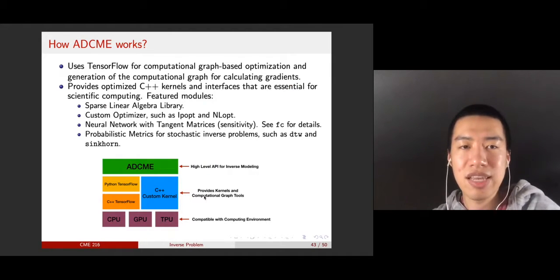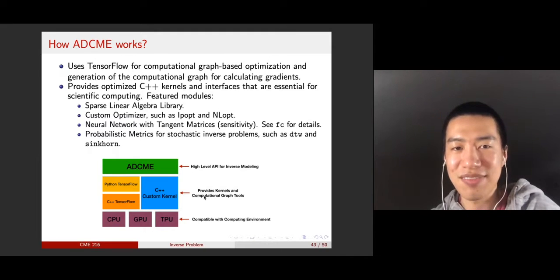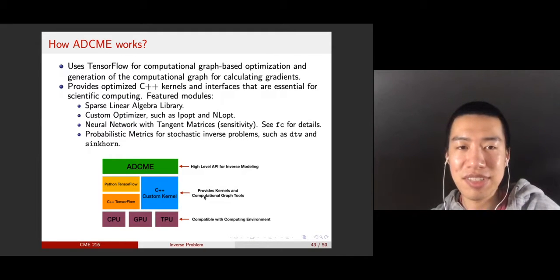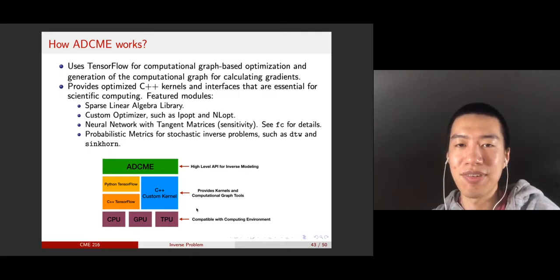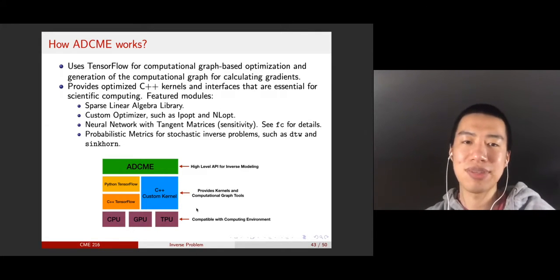So how does ADCME work? ADCME is not merely a thin wrapper for TensorFlow in Julia. It provides some core computational functionalities that are missing in TensorFlow. For example, TensorFlow has a sparse linear algebra library, but mostly that's for deep learning utilities, like computer vision and natural language processing.